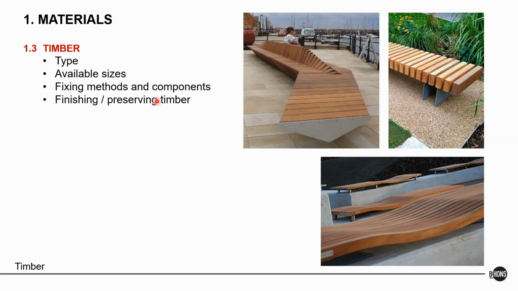Now, it's actually a two-phase process. All timber must be preserved using creosote or CCA or boron, and that's a highly chemical, highly poisonous solution that it's either dipped in or painted on, and that's the first thing.